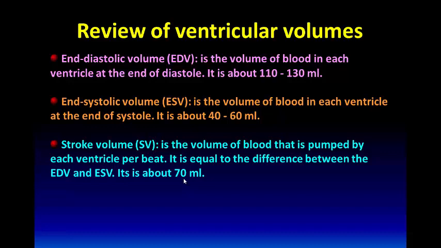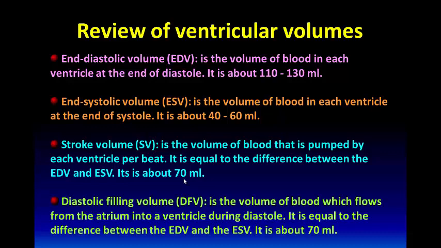So the flow generated by the 2 ventricles is equal. However, the flow which is generated by the left ventricle is generated with much higher pressure than the flow generated by the right ventricle.